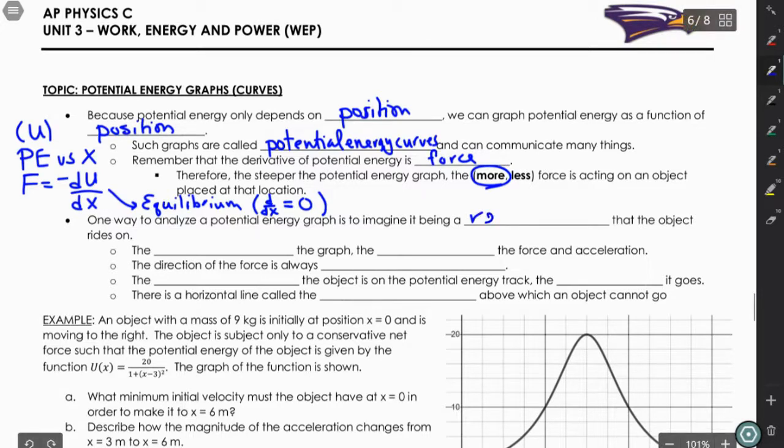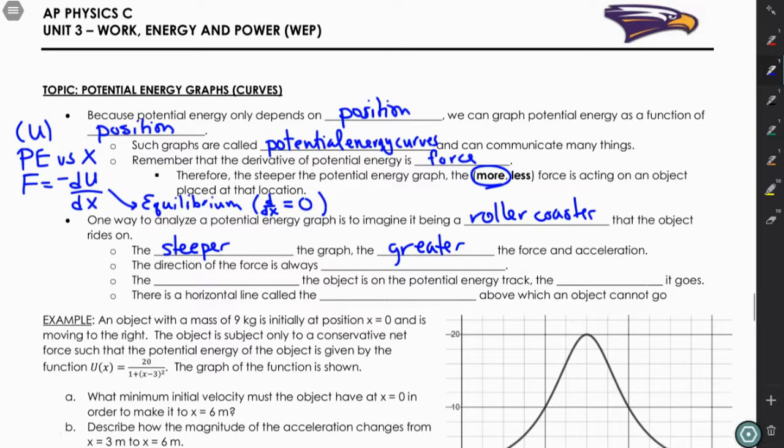So one way to analyze a potential energy graph is just to imagine it being a roller coaster, a ball on a roller coaster that's physically making the track. The steeper the graph, the greater the force or acceleration. So the steepness will tell you how big or small the force or acceleration is.